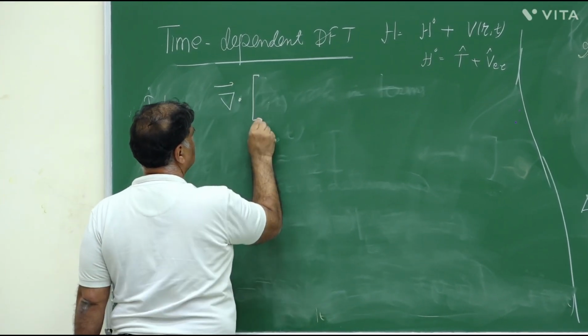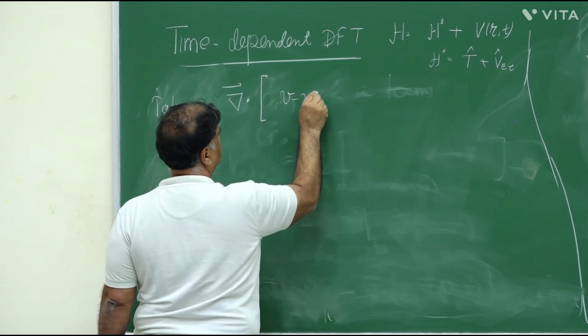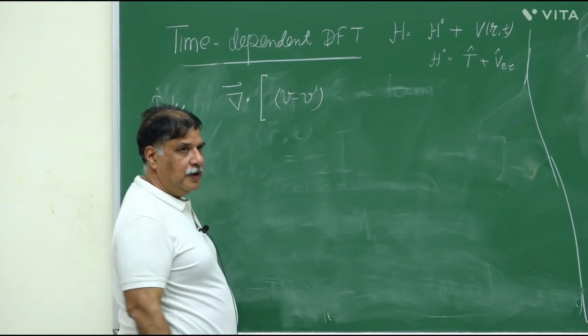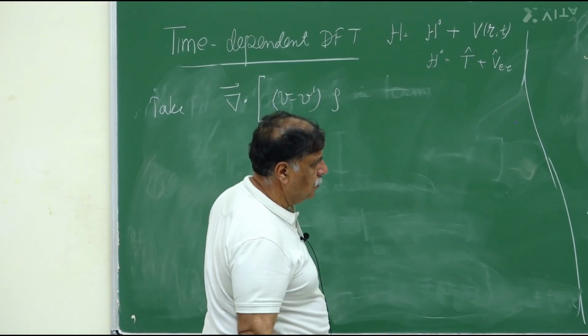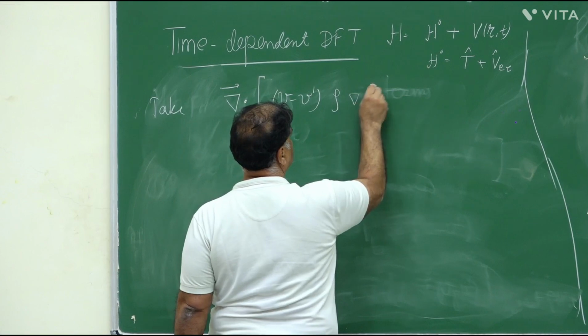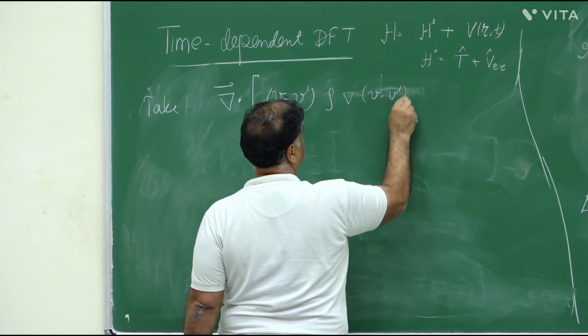Take divergence of (V minus V prime) times ρ grad of (V minus V prime).